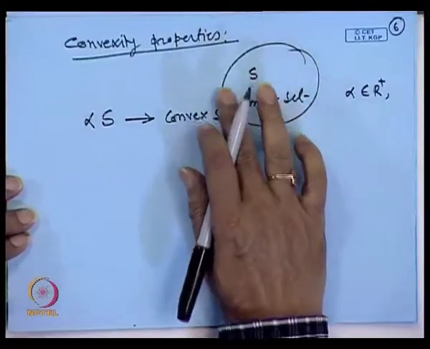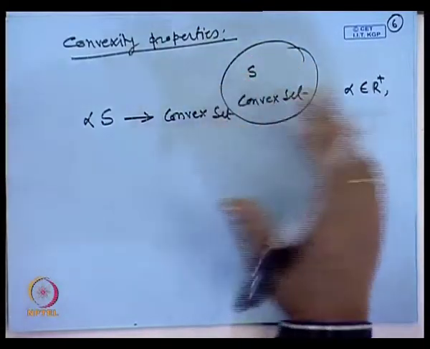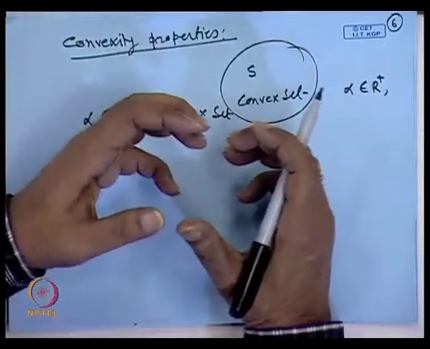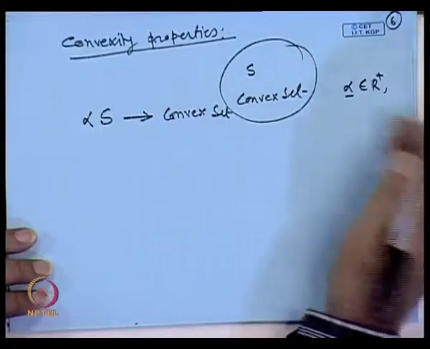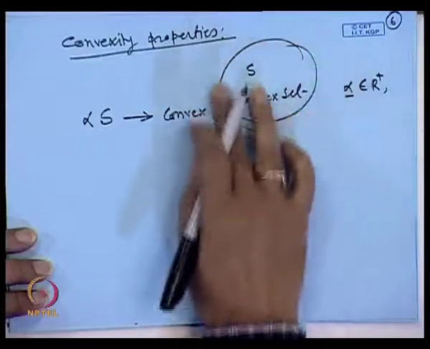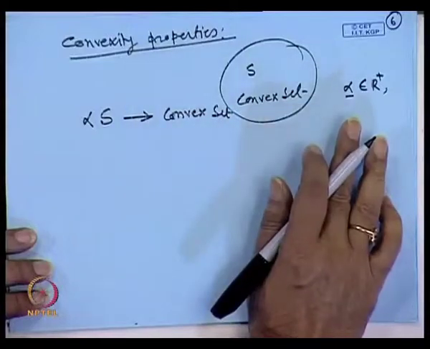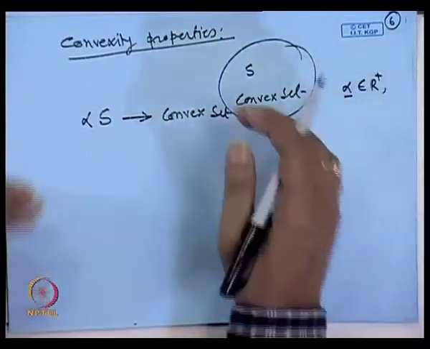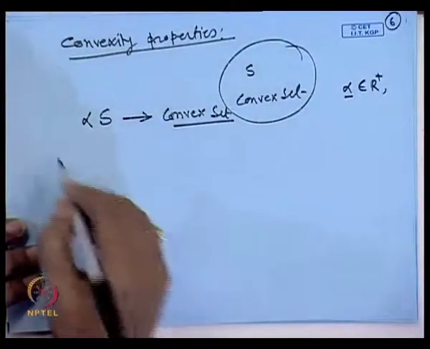If your S is a convex set, you either enlarge or attenuate it by alpha. Alpha may be greater than 1 or less than 1, but a positive quantity. If alpha is greater than 1, the set is enlarged. If alpha is less than 1, the set is contracted.